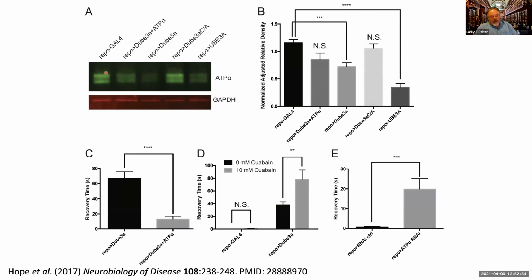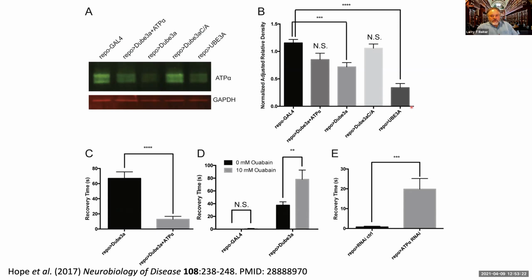So if you follow this Western blot, you'll see that when we express UB3A in glial cells, so repo driving UB3A, the levels of ATP alpha go down. When we express the C to A version that can't ubiquitinate, the levels are identical to wild type. And when we express human UB3A, we actually see an effect too on ATP alpha.